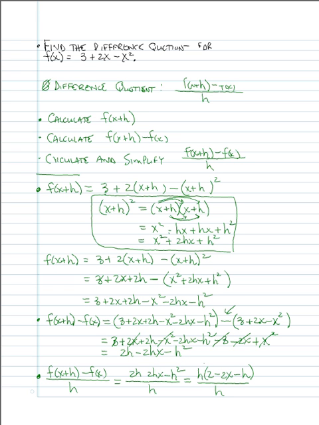And so now I see that I can reduce, I can cancel, and that leaves me with 2 − 2x − h. In other words, and I've run out of room here, when we simplify this fraction, we get 2 − 2x − h. And that's the result of simplifying our difference quotient.